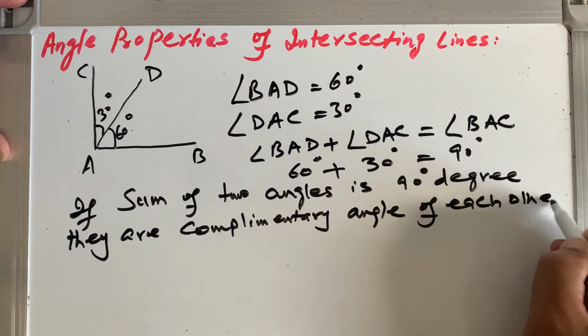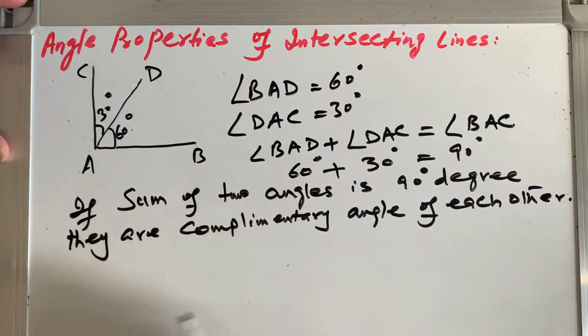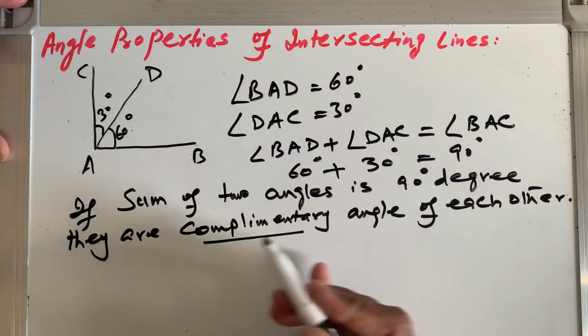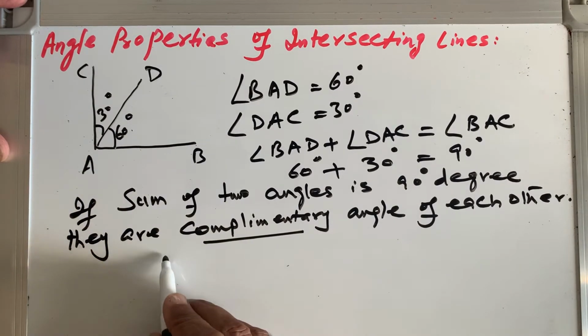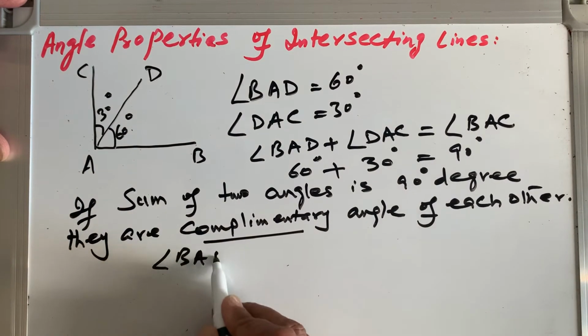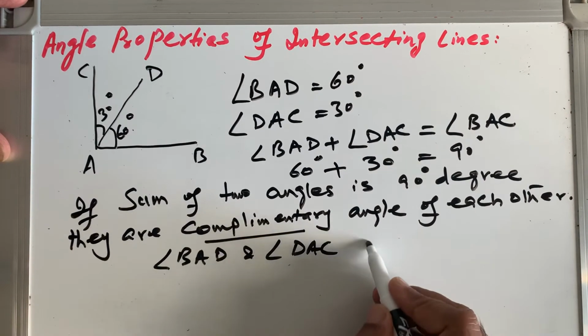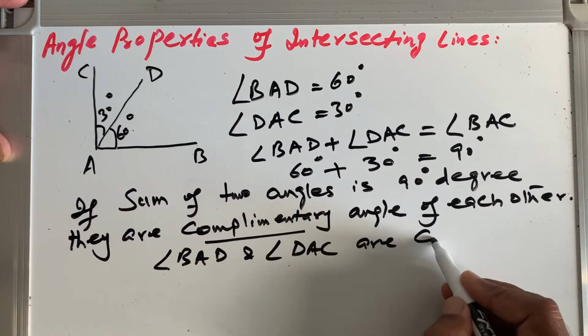So if the sum is 90, then these angles are called complementary angles of each other. So which two angles are complementary here? Angle BAD and angle DAC are complementary angles.